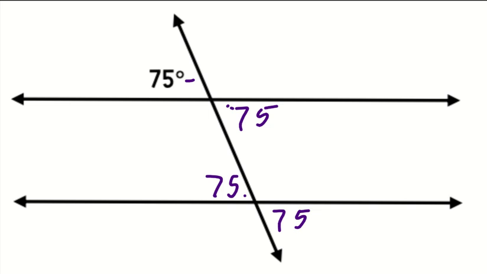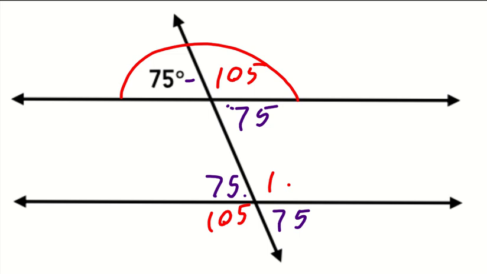All right, so now I need the big angle. What does this whole thing add up to? 180. So how do I get the big angle? Subtract from 180. 180 minus 75, that gives me 105. Everybody okay with that? All right, so then Keller, what's this angle right here? 105.